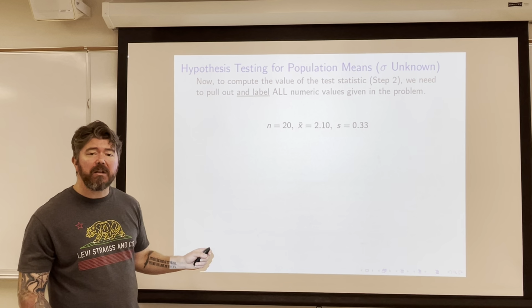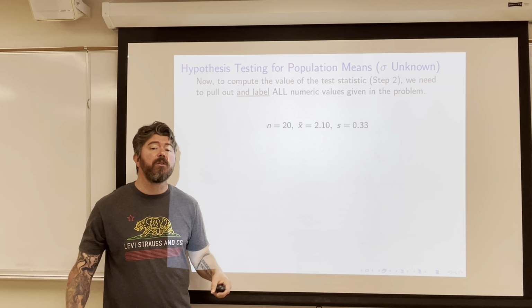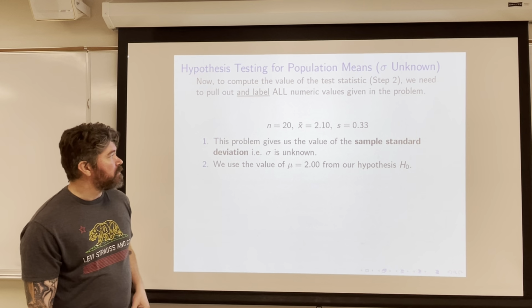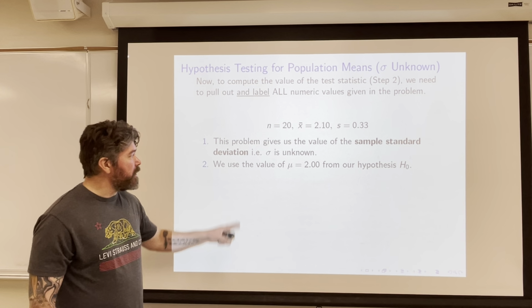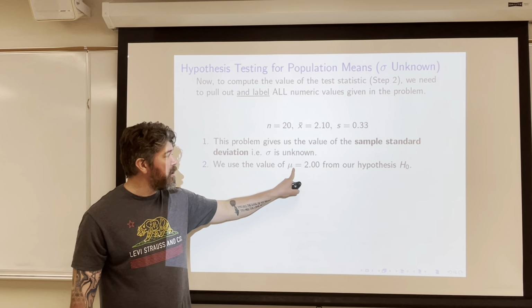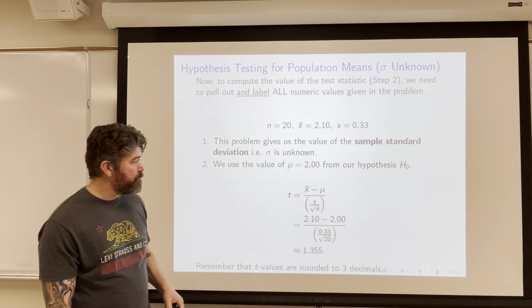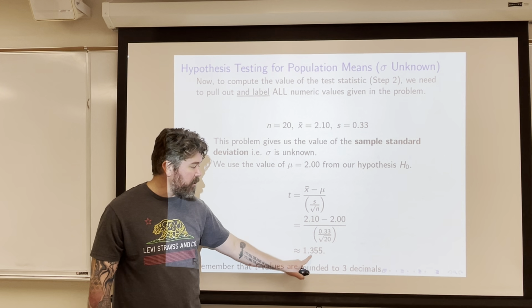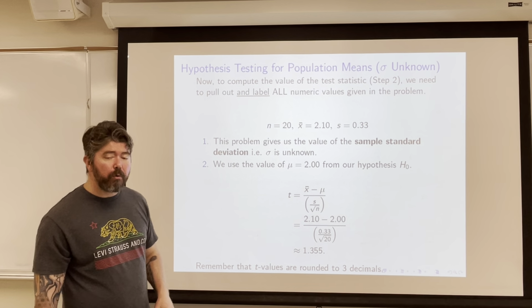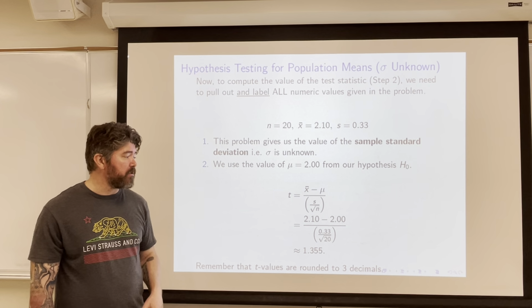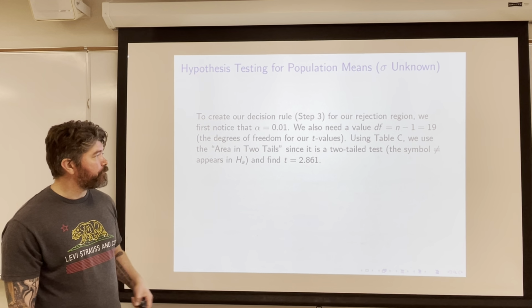There's no statement in this problem that says assume the population standard deviation, okay? Now, finally, we need to note that in our formula, we need a value for mu. We use our H naught. So calculating our t value, we get approximately 1.355. And again, we want to round to 3 decimals since it's a t-value.